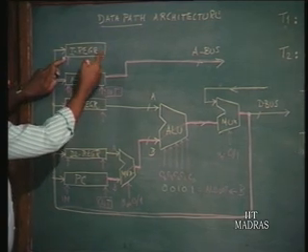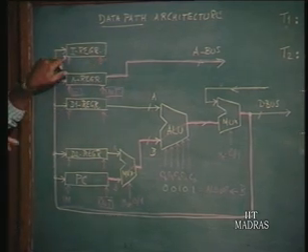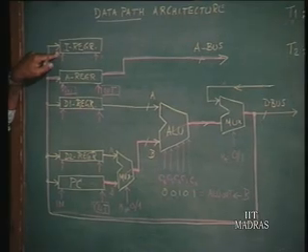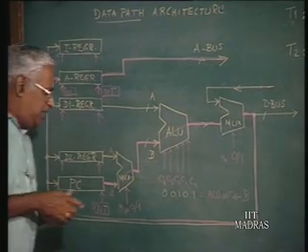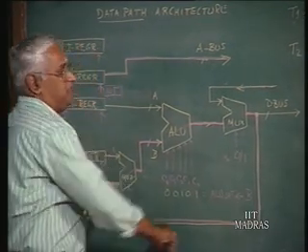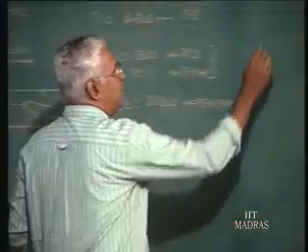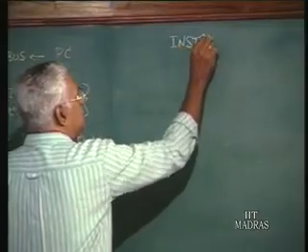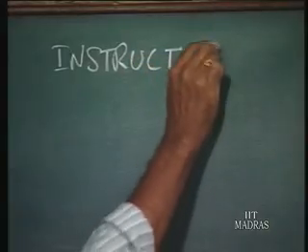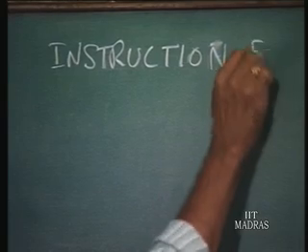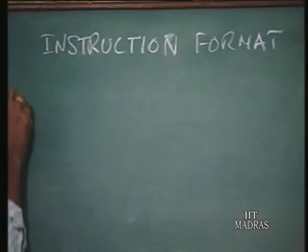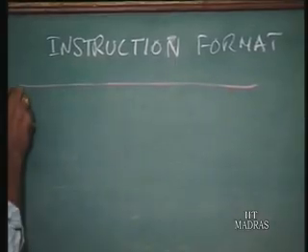Now once the CPU gets the instruction, then depending on what that instruction is, it will start generating the necessary signals for further implementation of that specific instruction. Because you remember I was telling that any instruction format is going to consist of essentially two things.